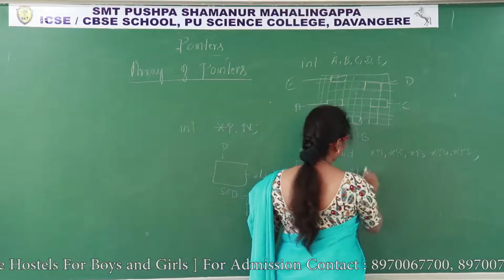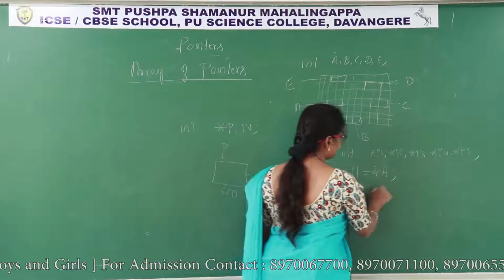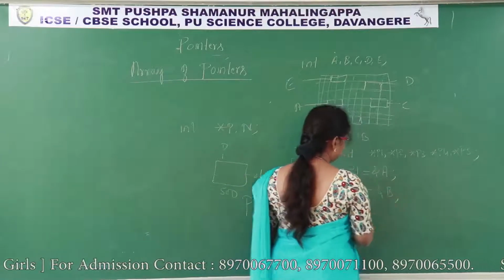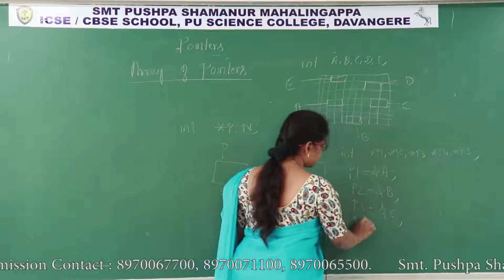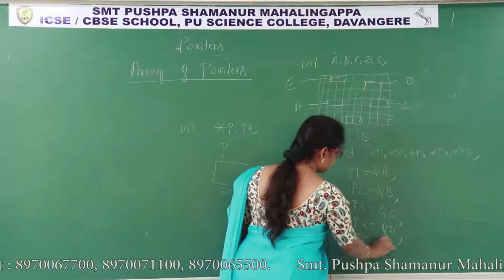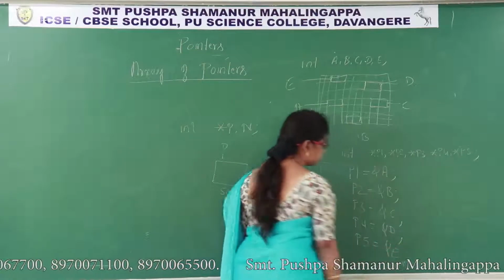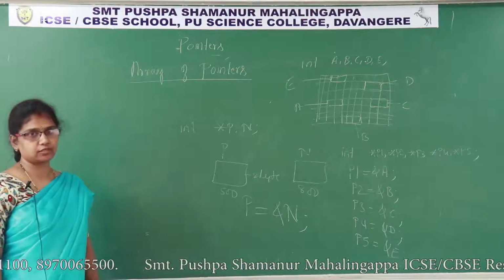P1 is equal to &A, P2 is equal to &B, P3 is equal to &C, P4 is equal to &D, P5 is equal to &E. In this way, we can store the address of memory locations.